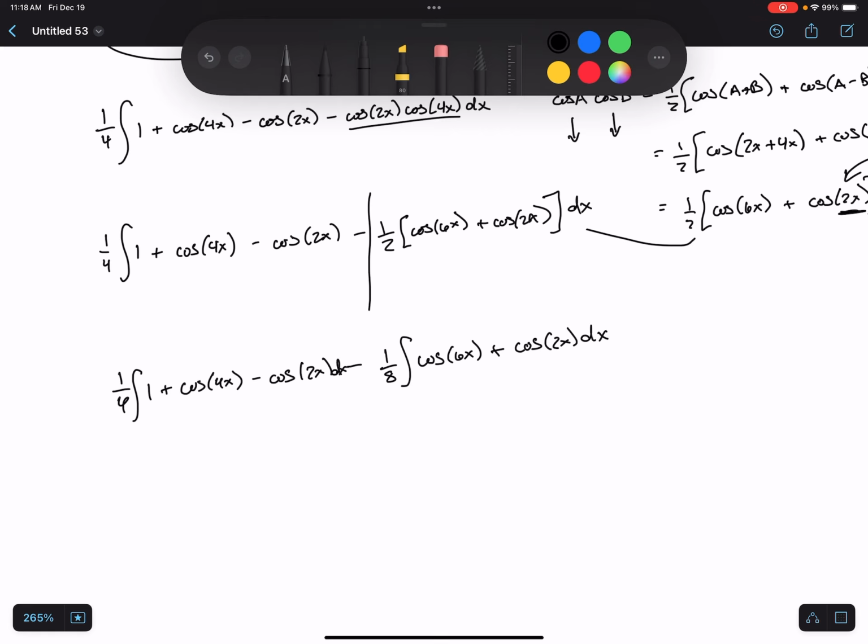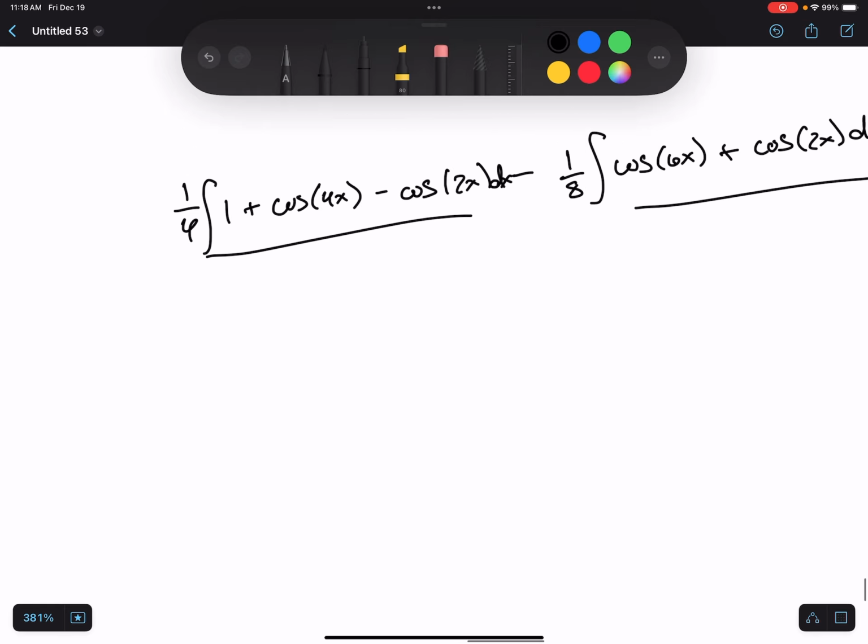Now all that's left to do is to integrate these two integrals. So we'll start by integrating the left-hand side. We'll do 1/4 times the integral of 1 with respect to x is x. The integral of cosine 4x with respect to x is plus sine 4x over 4. The integral of negative cosine 2x with respect to x is minus sine 2x over 2.